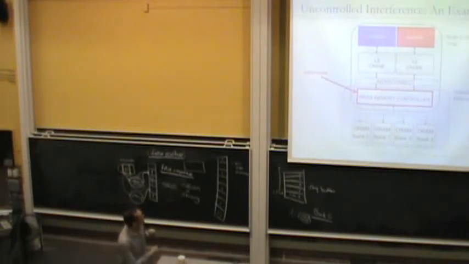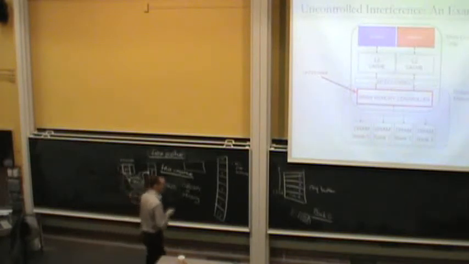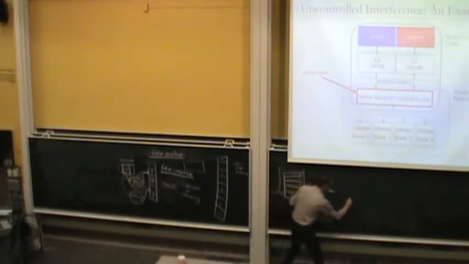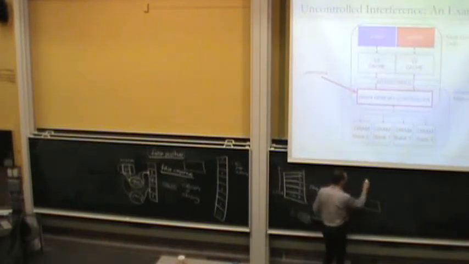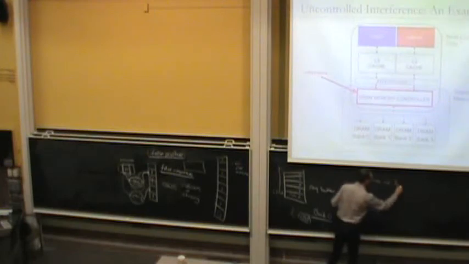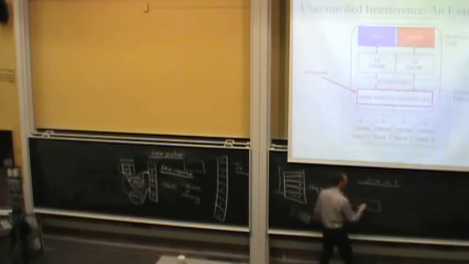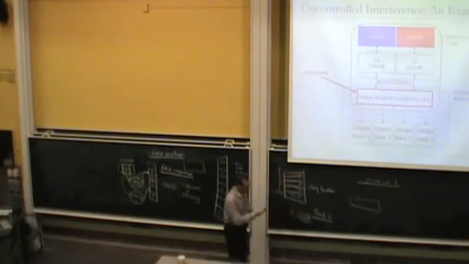So this was the problem. We have a streaming application and you have a random access application. And assuming your row contains consecutive addresses, a streaming application means you have a stride of 1, which means that you're accessing consecutive cache blocks or consecutive words in memory.